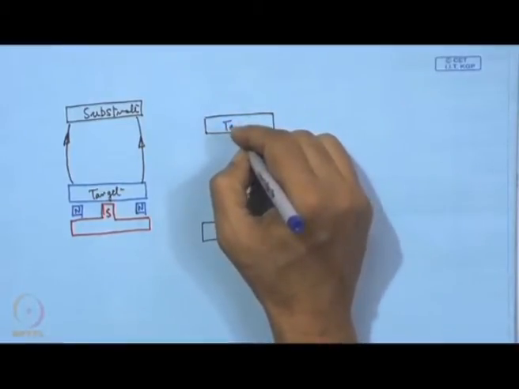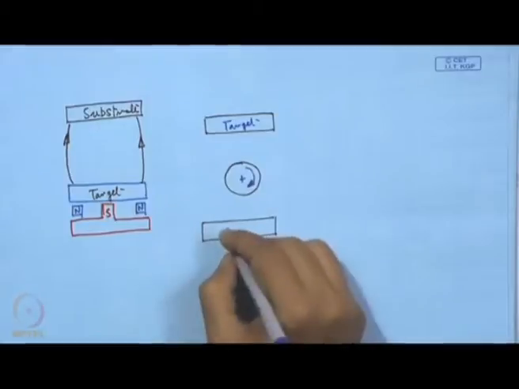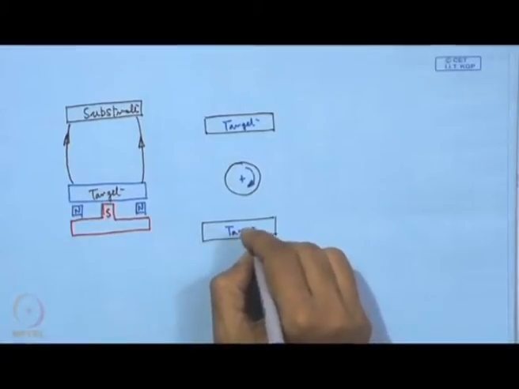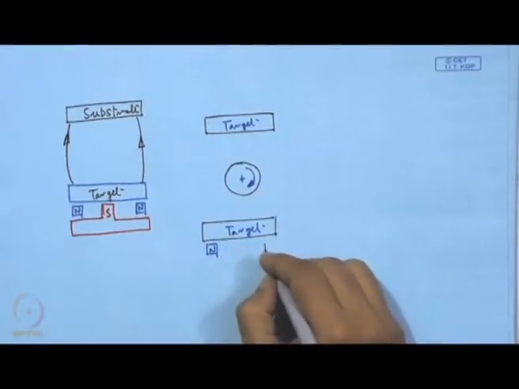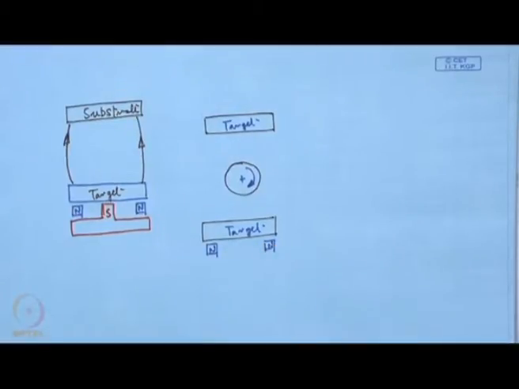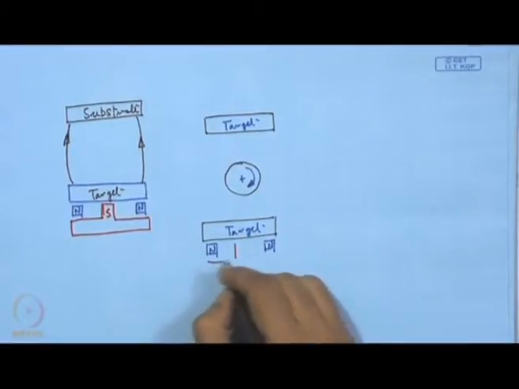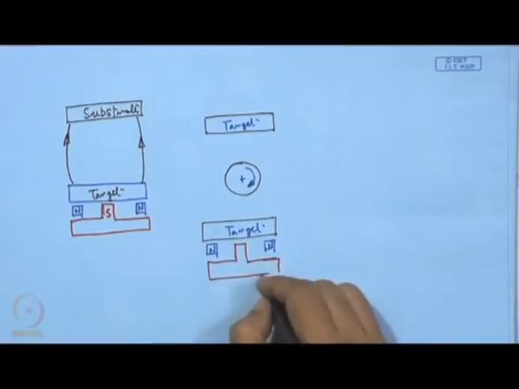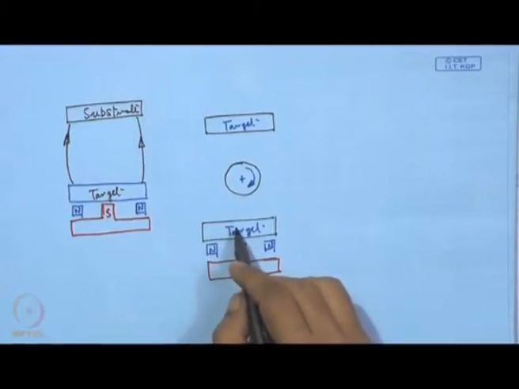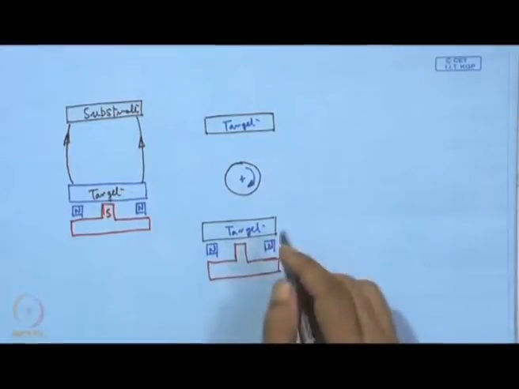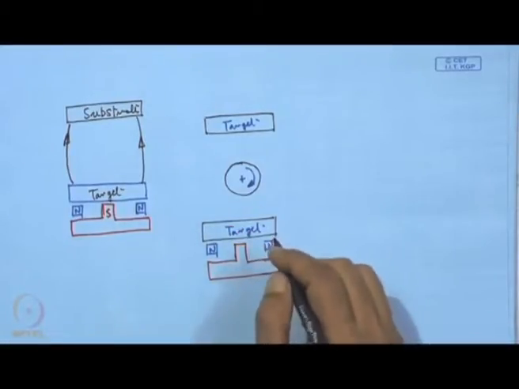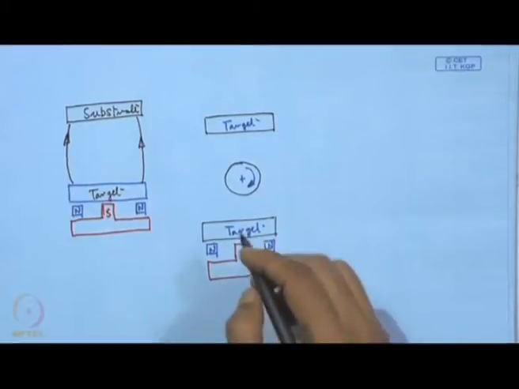So, this is one target facing the other. Here we have north, north, and definitely the central one will be the south on this one, which is placed with its surface facing upward. So, it is vertically upward, this target. In this case what is going to happen?